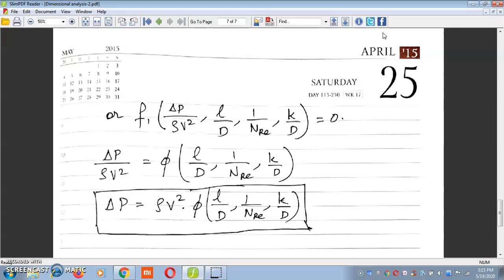So I take out that term del p by rho v square and I write it as some other function of the other three pi terms, that is some other function of L by d comma 1 by NRE and k by d. Therefore, from the above equation I get del p is equal to rho v square into a function of L by d comma 1 by NRE comma k by d. So this is the final form of the equation, and the functional relationship is found out from experiments.